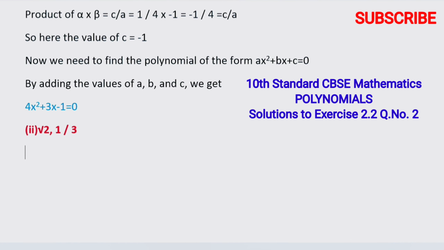In this problem, the zeros of the quadratic polynomial are given as square root of 2 and 1 by 3.